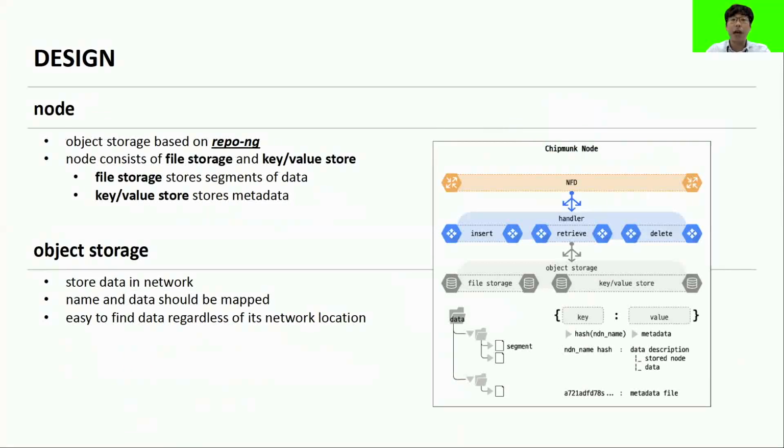Chipmunk is an object storage system consisting of a file and metadata storage. It is implemented based on RepoNG, so it inherits the overall structure and command sets in RepoNG. The file storage of Chipmunk is based on ext4 file systems.